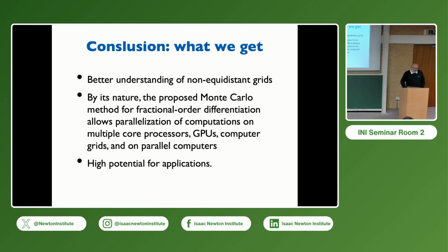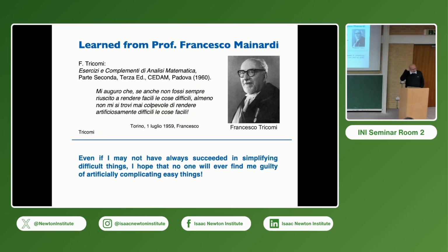Then we also obtained a very convenient way to parallel computations, because the Monte Carlo method is very suitable for parallel computation. So this is what we got, a very interesting perspective. And we are going to use this approach for solving differential equations with fractional order derivatives also. And definitely there is high potential for applications. We still continue with our work.